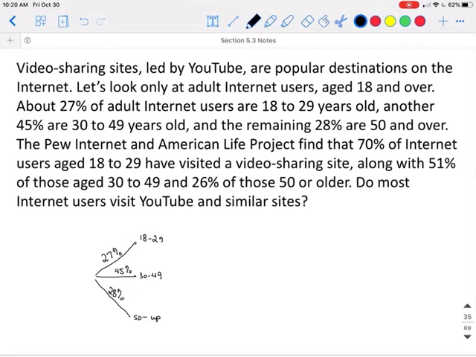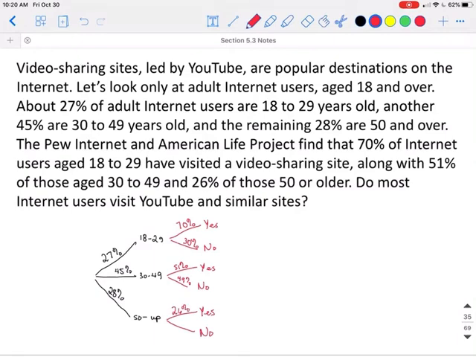Now, of those who use the internet, they can either visit video sharing sites or not visit video sharing sites. So yes or no. So of the 18 to 29-year-olds, 70% do visit video sharing sites, which means 30% do not. 51% of 30 to 49-year-olds do, so 49% do not.